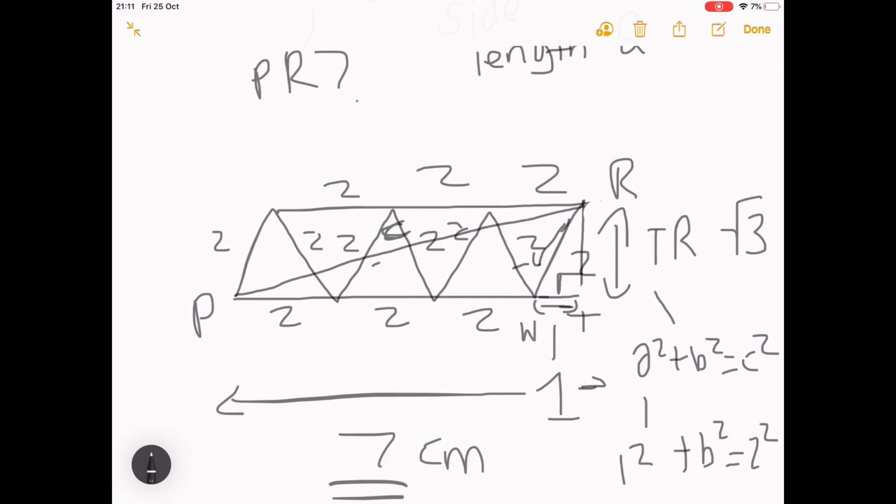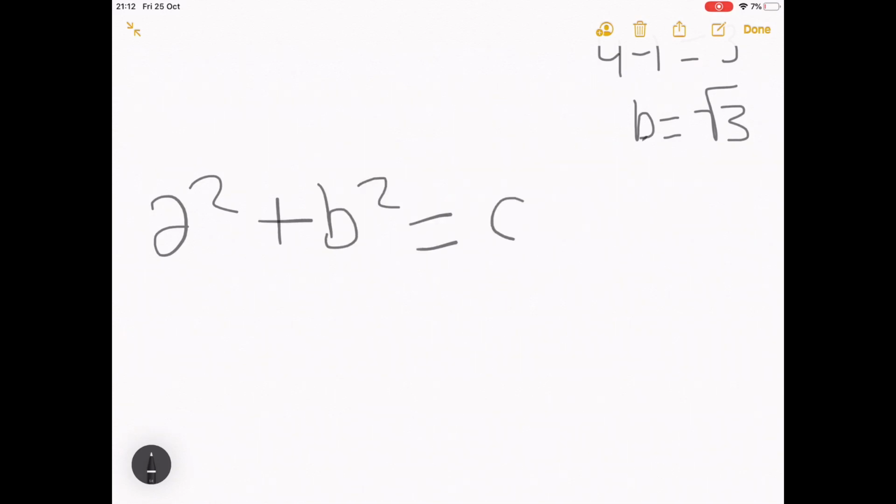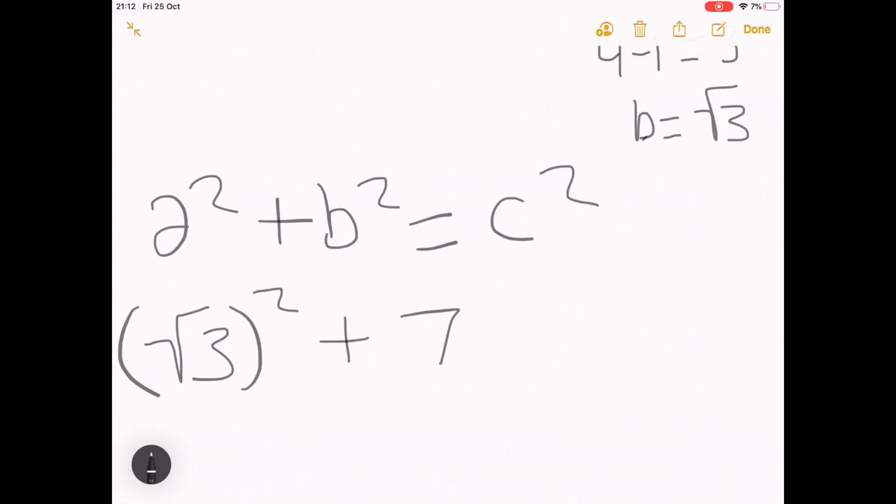So now we know the length of TR, so basically our base, and we know the length of PT, which is 7. We can use the Pythagoras theorem again to figure out the length of C, or PR. So if we use a squared plus b squared again, we have a squared, which is our root 3 squared, plus our b squared, which would be our 7, would equal c squared.